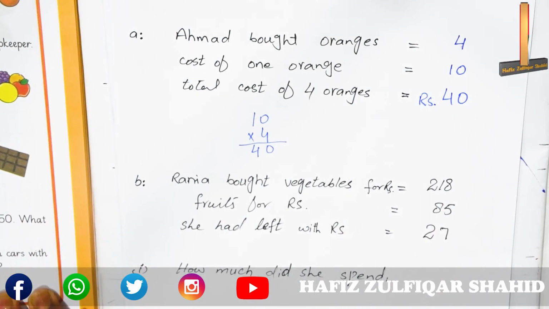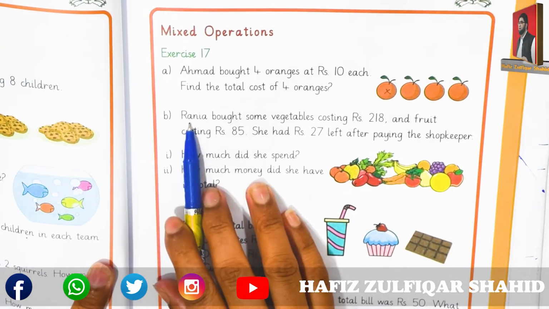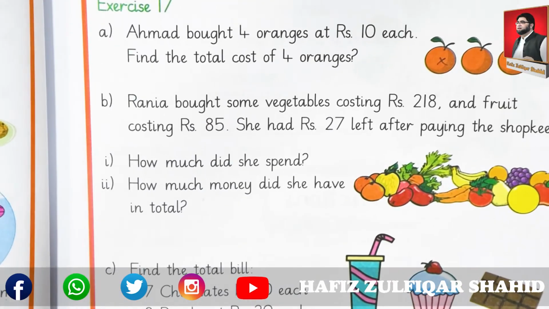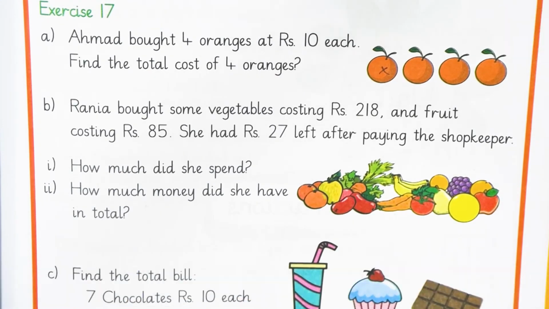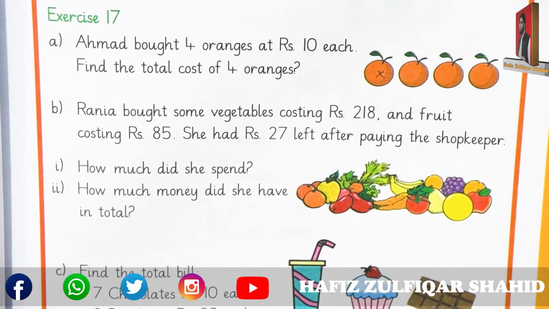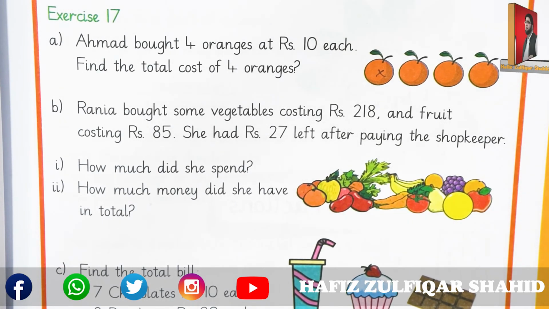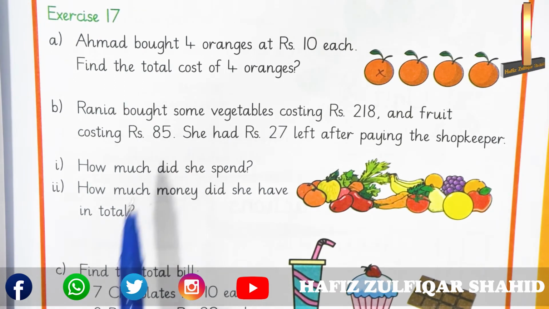Next, let's read the question statement of B. Rania bought some vegetables costing rupees 218. She bought vegetables for rupees 218 and fruit costing rupees 85. She had rupees 27 left after paying the shopkeeper. What do we understand from this?